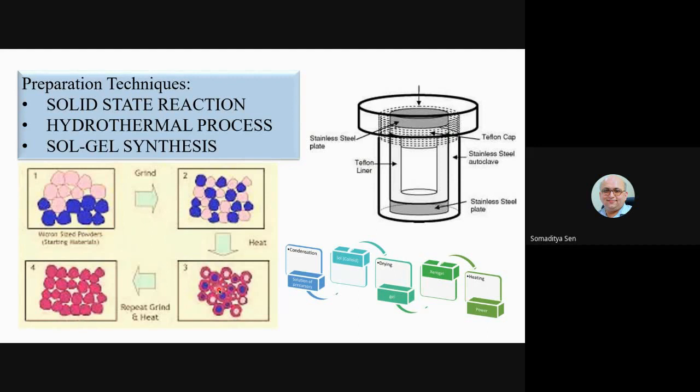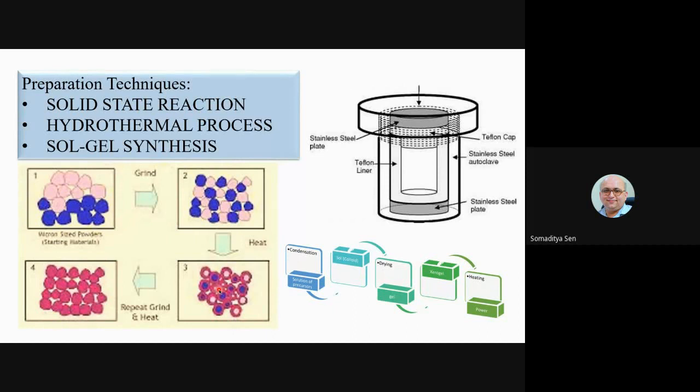Okay, so let me go to the preparation techniques of these things. There are several ways of making zinc oxide. If you want to modify the chemical composition of zinc oxide, then you have to take two different materials and grind them.